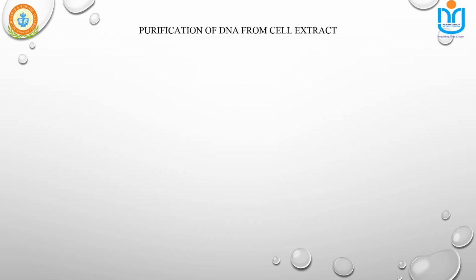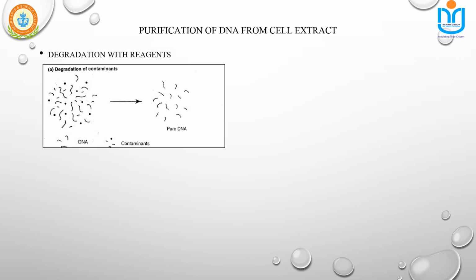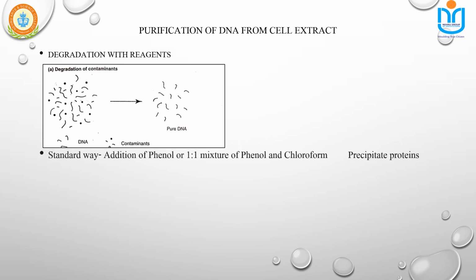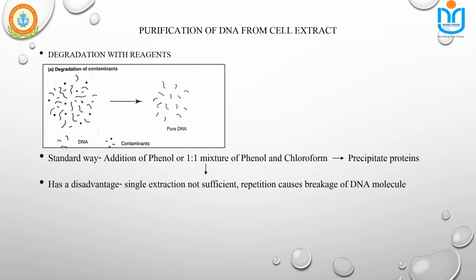Purification of DNA from cell extract. One method is degradation with reagents. The standard way is the addition of phenol or a 1:1 mixture of phenol and chloroform, which precipitates protein. But it has a disadvantage. A single extraction is not sufficient for purification.